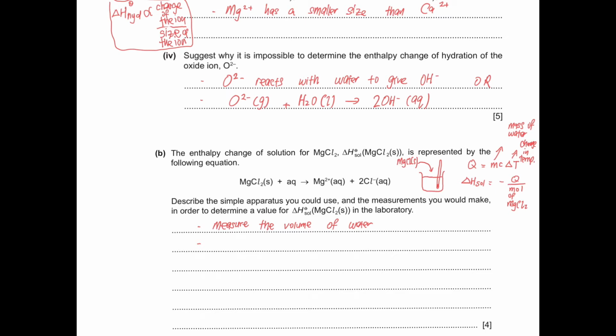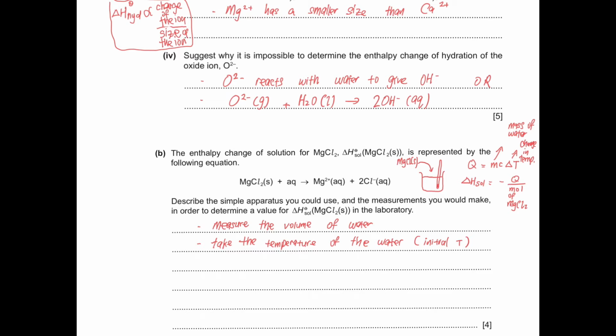We have to state that. So second point, you can write: take the temperature of the water. So this is called the initial T. Okay, now let's move on.